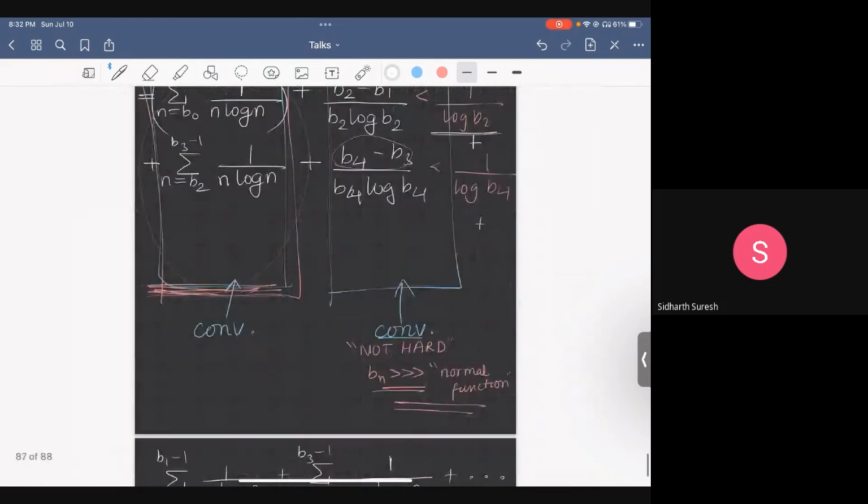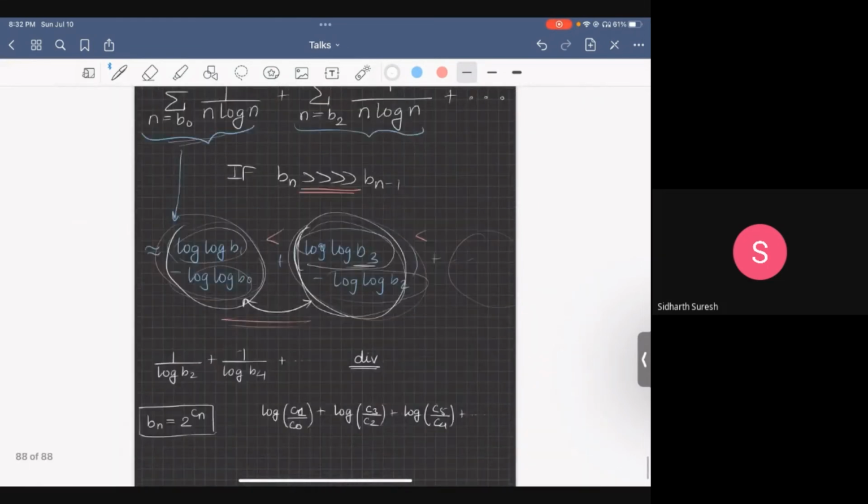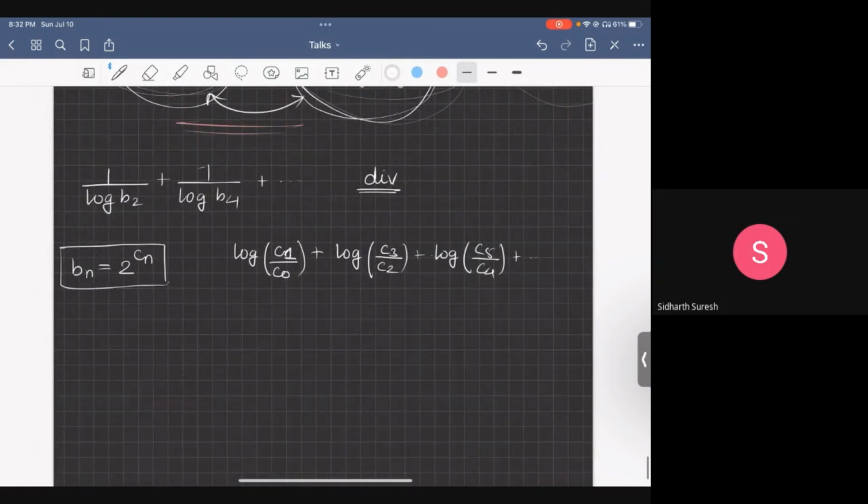And what does this become? We want this to converge. We also want 1 over C2 plus 1 over C4 plus so on to converge.